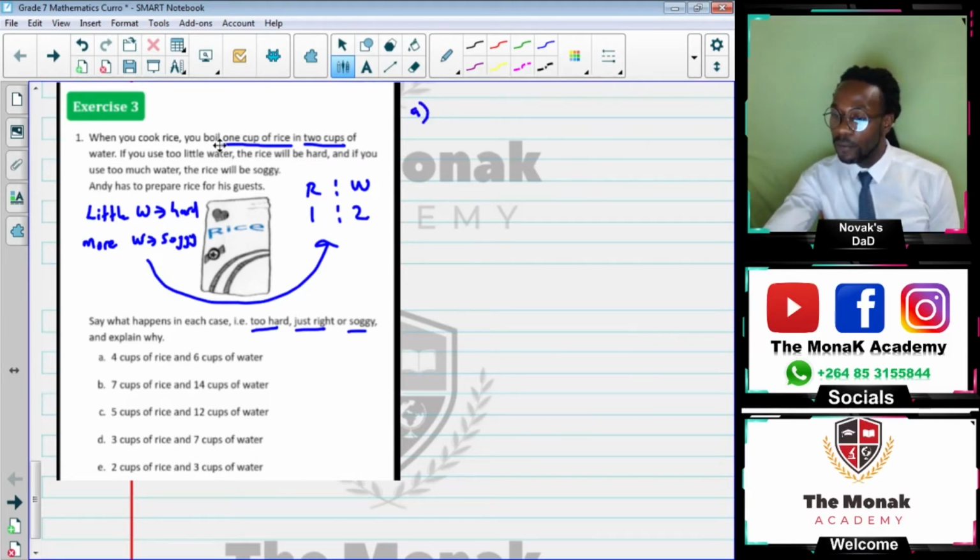So, our first part, it's saying 4 cups rice. So remember, rice to water is 1:2. Our first question says 4 rice and 6 water. So obviously we need to simplify by dividing by 2.